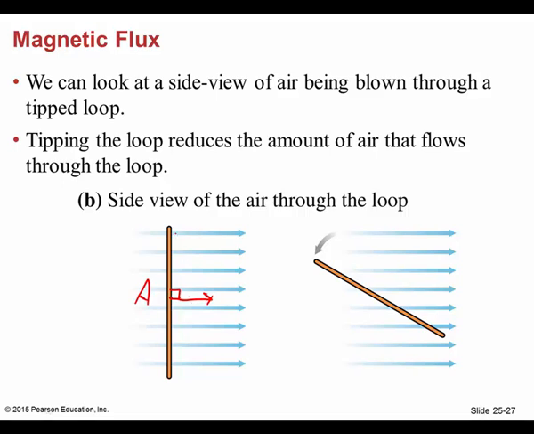In actuality, the material itself is perpendicular to the magnetic field. So it all depends on what variable we're talking about. Are we talking about the material, the loop of wire, or the normal to the area of the loop of wire? Because this is a 90-degree angle, and this is actually in the same direction as the magnetic field, so that would be a 0-degree angle.